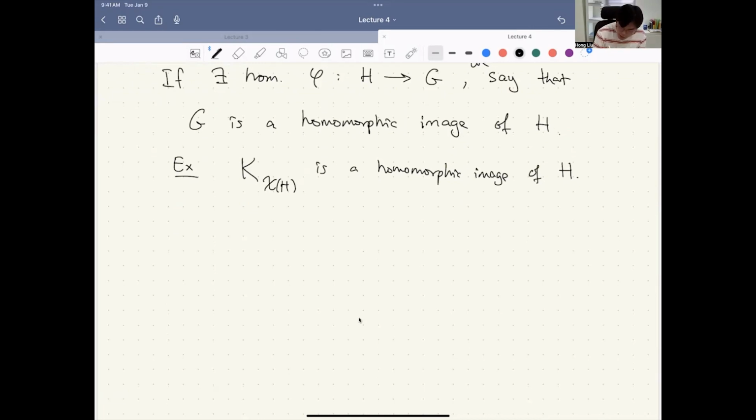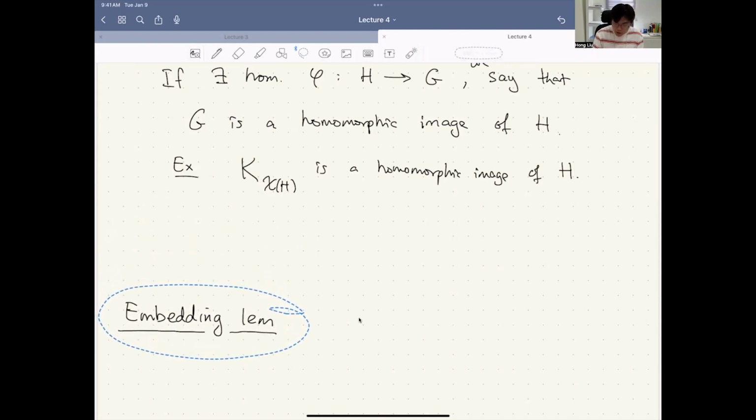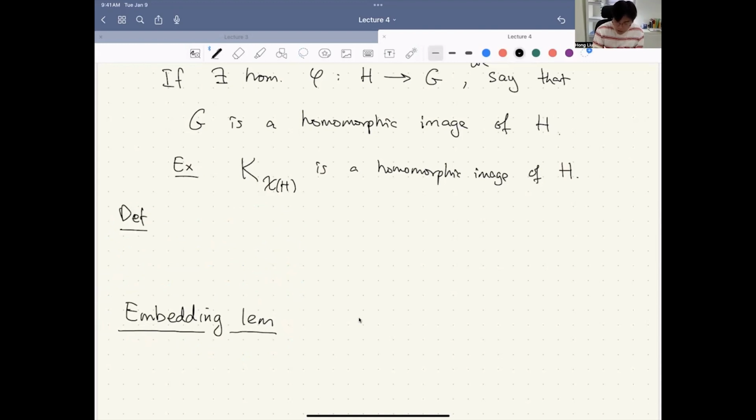Now we can state the embedding lemma. I will not prove it now. We're going to prove it later using the regularity lemma. Before that, let me introduce one more definition, the edge density.